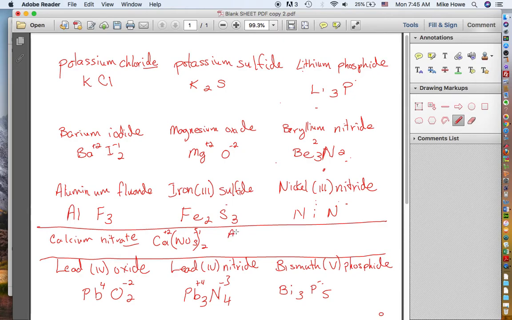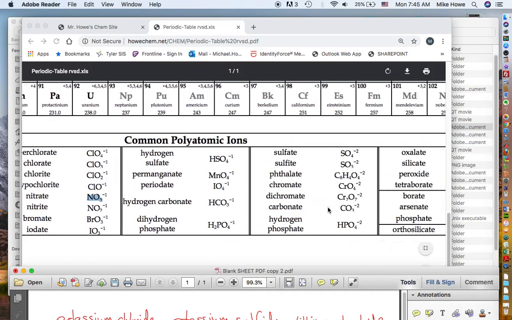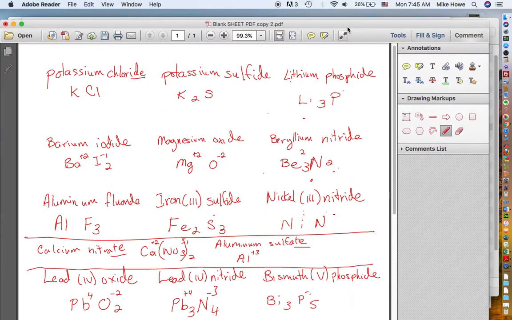Suppose we had aluminum sulfate. And again, it ends in ATE, so that tells you it's a polyatomic ion. So you have aluminum, and aluminum has a +3 charge off your periodic table. Then if you go and look at your polyatomic ion list and find sulfate, you'll see it right here, it's SO4 with a -2 charge.